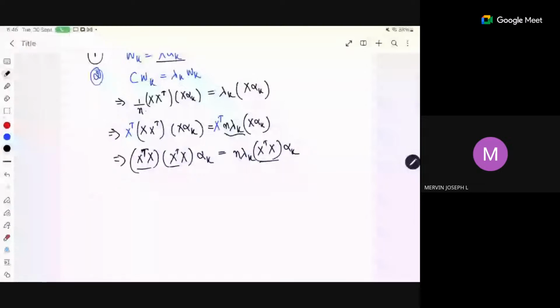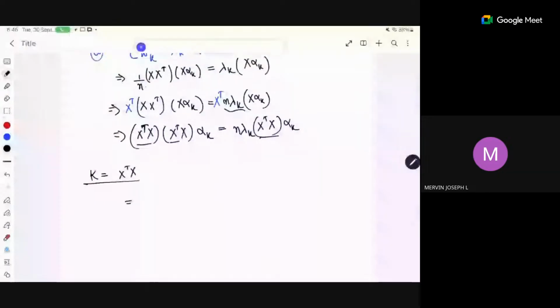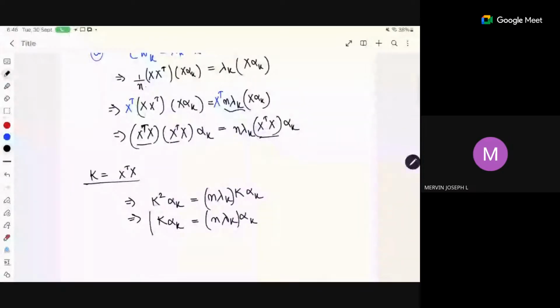Then the equation we have is K square alpha k equals n lambda k K times alpha k. So we'll have K times alpha k equal to n lambda k alpha k, where K is my X transpose X.